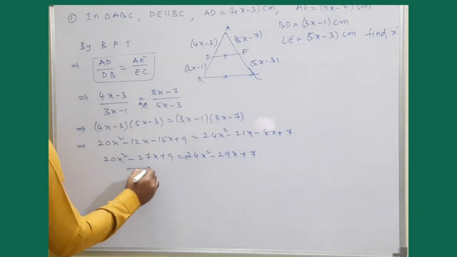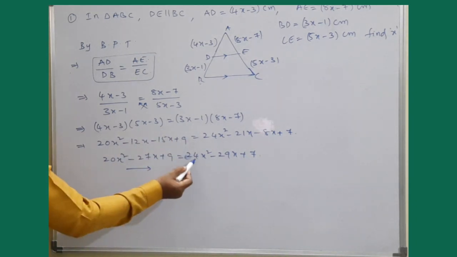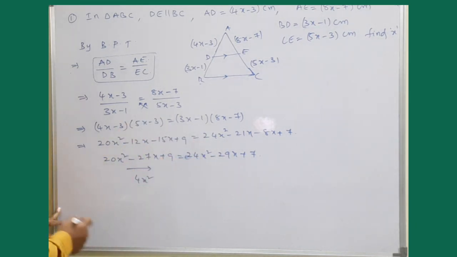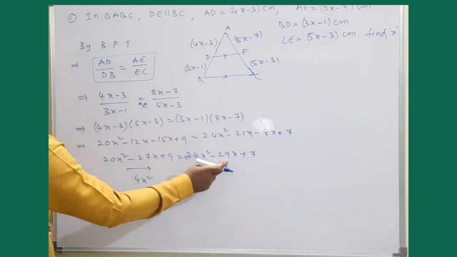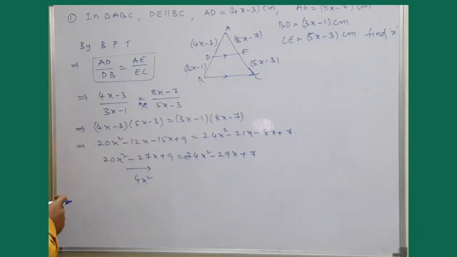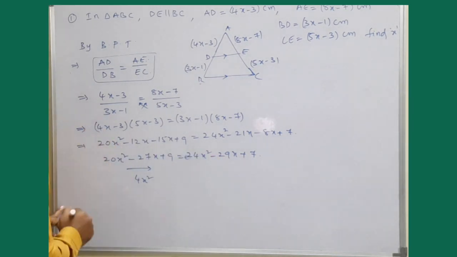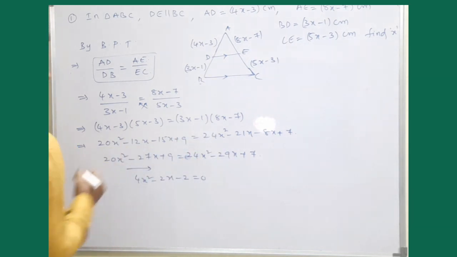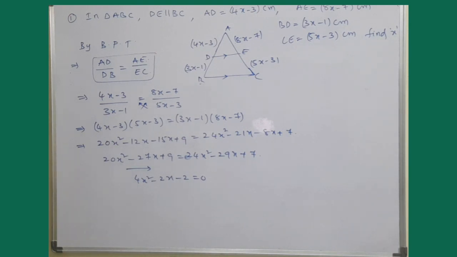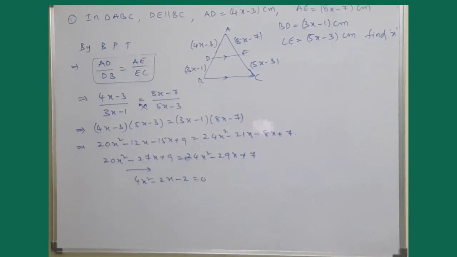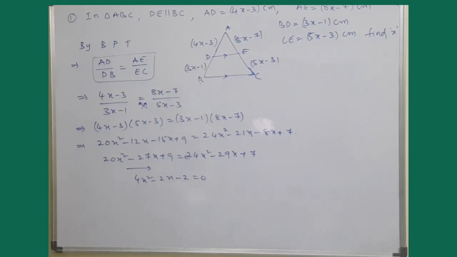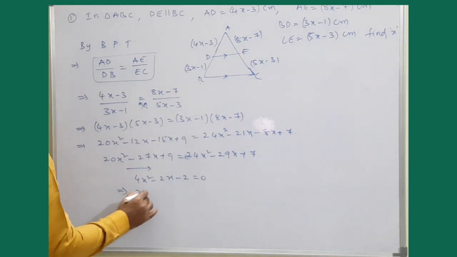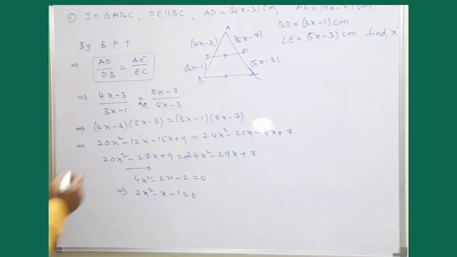So better if you move that side. 24x square minus 20x square, which is 4x square, minus 29x plus 27, minus 2x, 7 minus 9, minus 2 is equals to 0. So you can divide with 2 on both sides. Then 2x square minus x minus 1 is equals to 0.